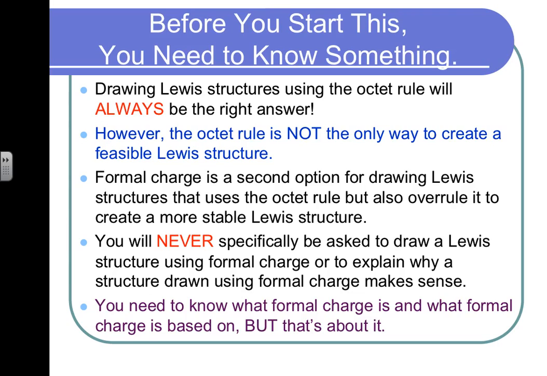Formal charge is a second option for drawing Lewis structures that uses the octet rule, but also overrules it to create a more stable Lewis structure. You will never specifically be asked to draw a Lewis structure using formal charge or to explain why a structure drawn using formal charge makes sense. You need to know what formal charge is and what formal charge is based on, but that's about it. So hopefully we're clear on that.